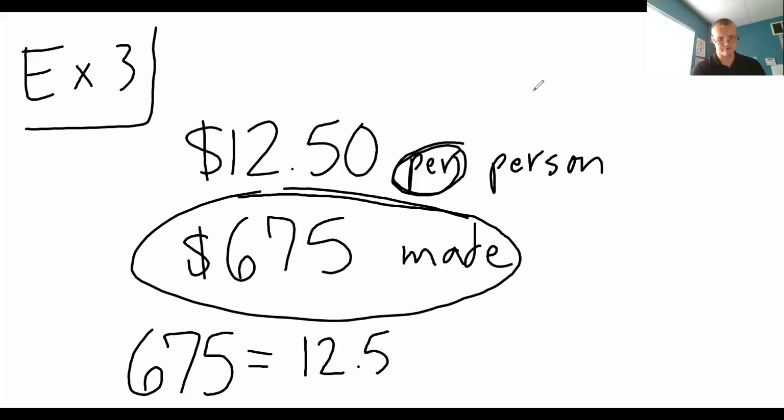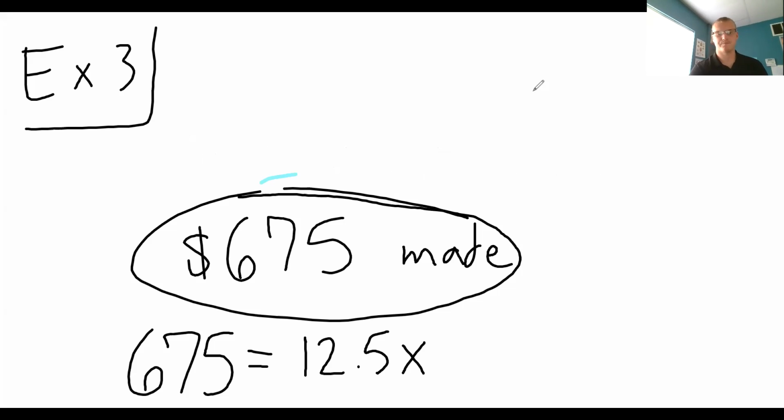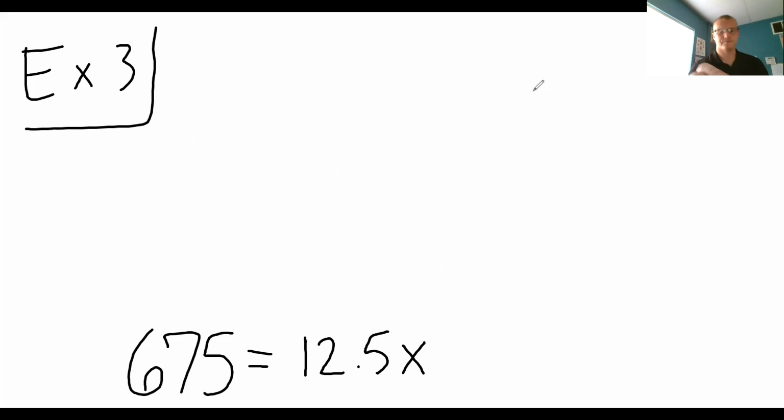I'm just going to write 12.5 times x. So I'm figuring out how much they made. So I'm going to take 675 and divide it by 12.5. Give myself some room here. So 675 divided by 12.5.